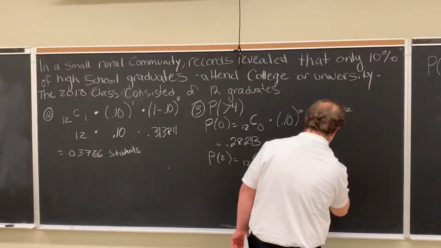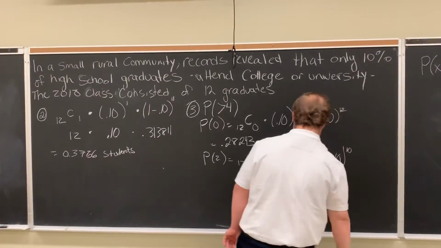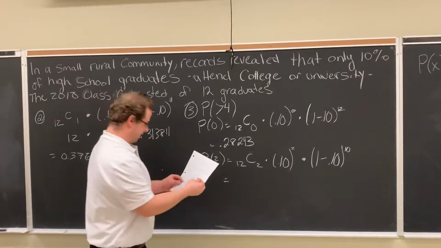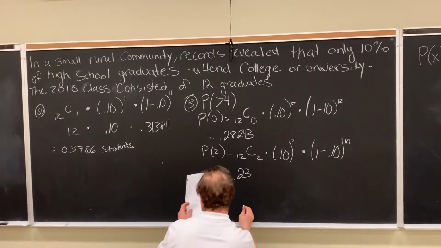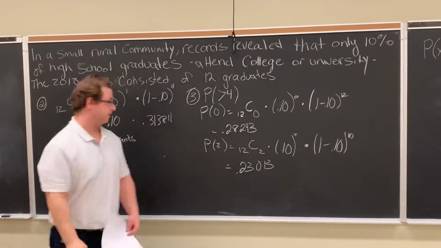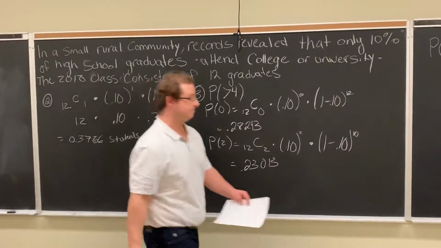We get 1 minus the success rate, and our number is 10. When we multiply that across, that gives us 0.23013. So the percentage of exactly 2 students would be roughly 23%.